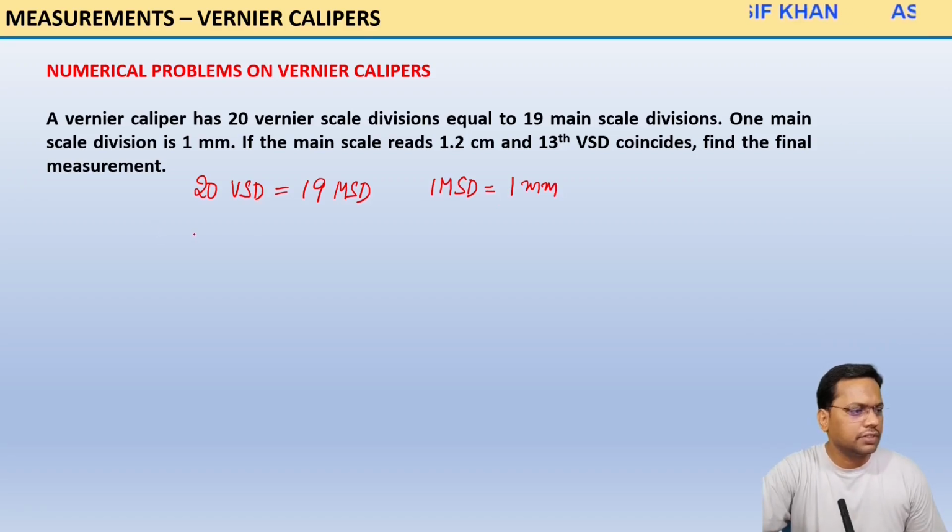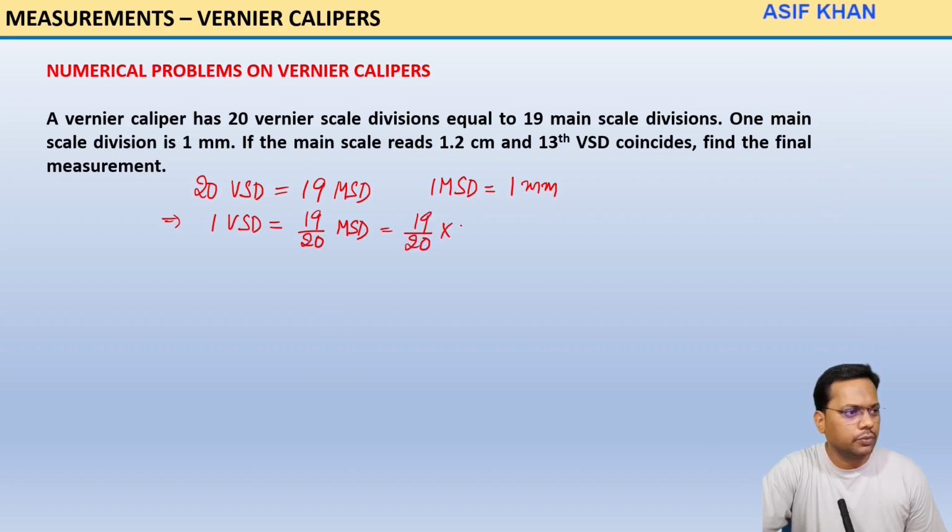From this we can find out what 1 VSD is: 1 VSD is equal to 19 by 20 MSD. Since we know the value of MSD, that is 19 by 20 into 1 mm, that is 0.95 millimeter.